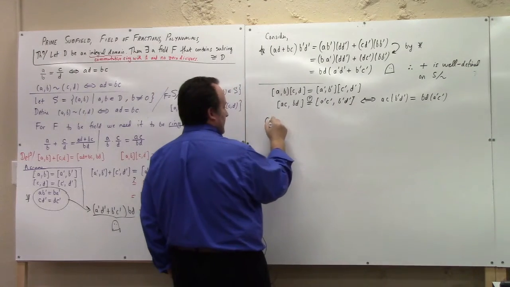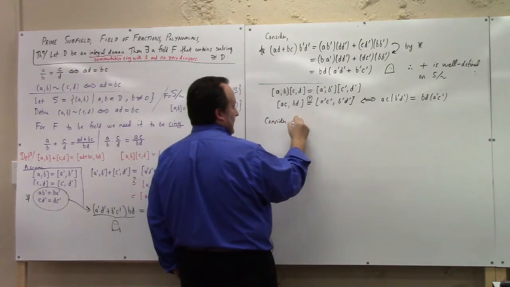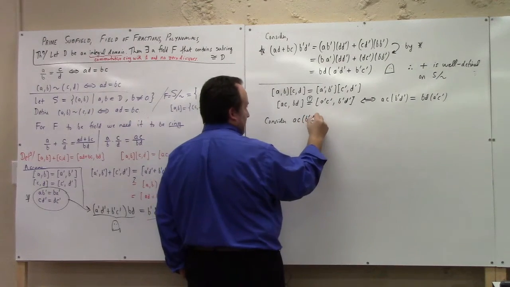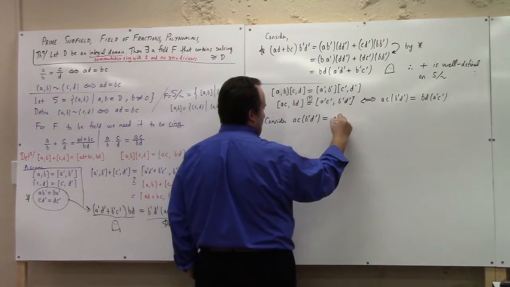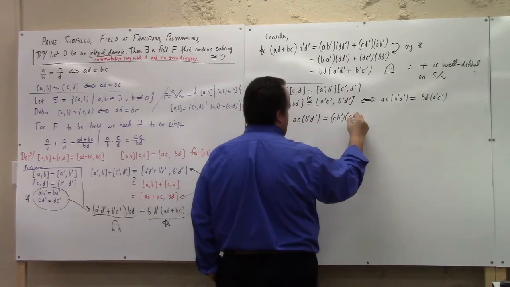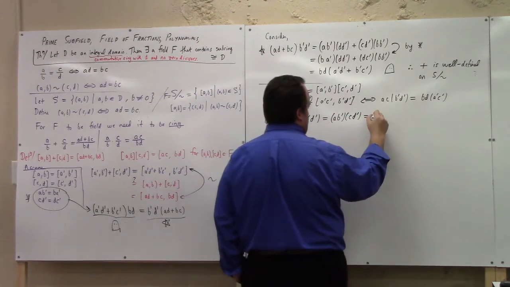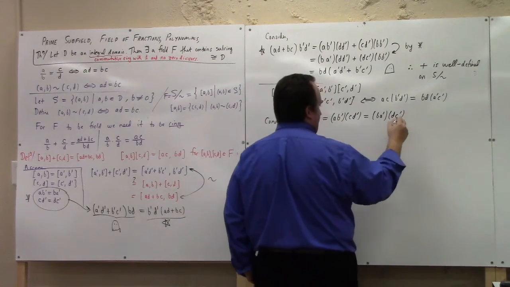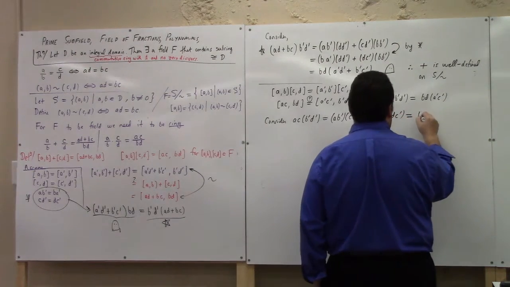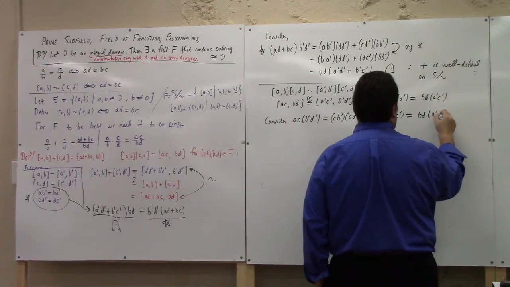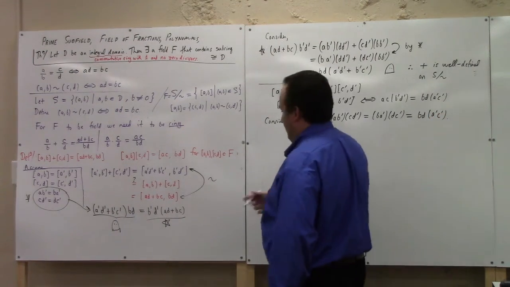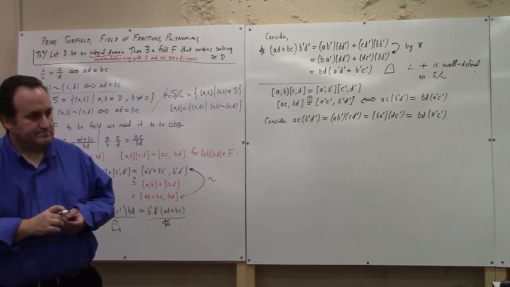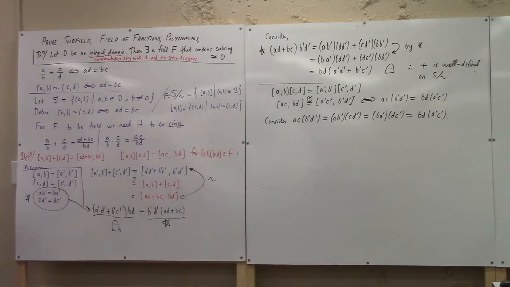So consider AC times B prime D prime, which is equal to AB prime times CD prime, which is equal to BA prime times DC prime, which, by the way, is equal to BD times A prime C prime. So there you go. That proves it. Thus, multiplication is independent of the coset representative.